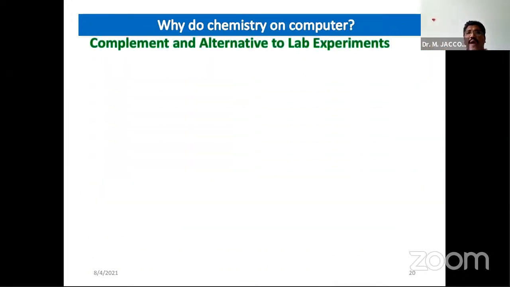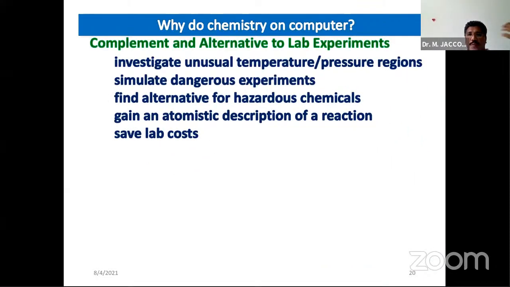Okay. So why do chemistry on computers? It is a complement and alternative to lab experiments, especially to investigate unusual temperature and pressure conditions. I can use cyanide, any number of poisonous chemicals.